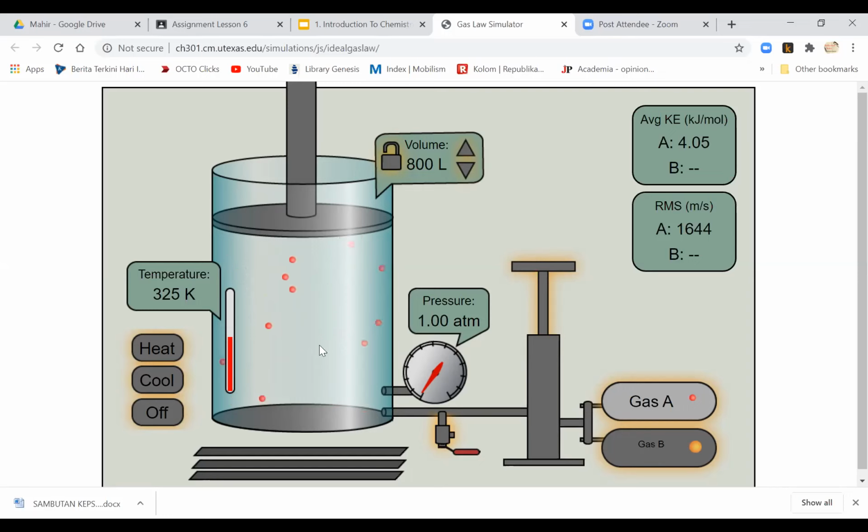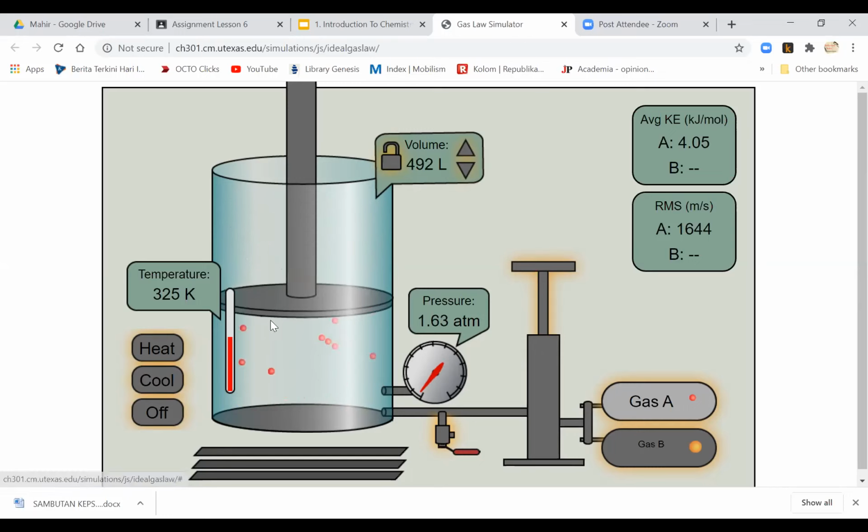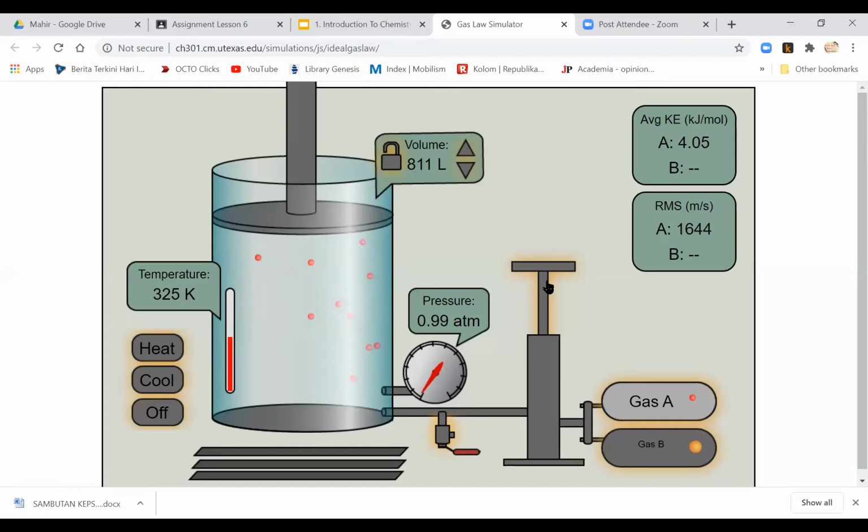Okay, we learn the movement of the gas here, right? The movement of the gas, the red dot here. Of course, in theory, isn't it? We know that according to theory, when I increase the temperature, what will happen? The movement of the particle, you see the difference. When I decrease the volume, what will happen?